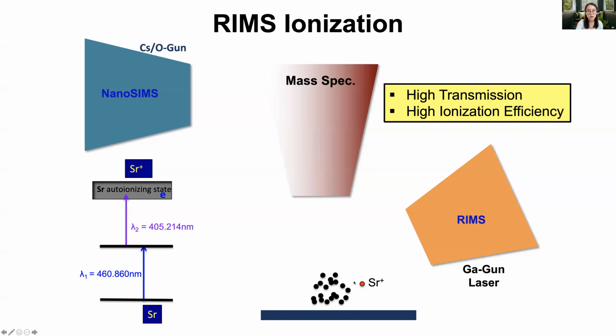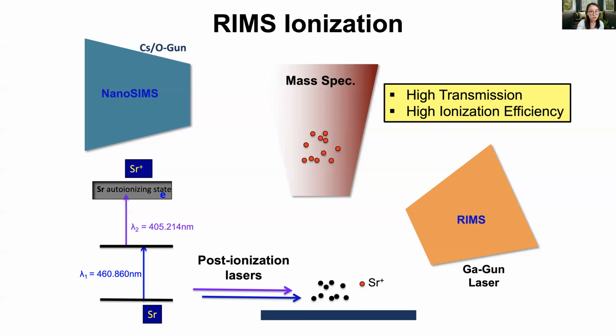Also, because RIMS instruments target such a large fraction of neutrons released from the surface, RIMS instruments have high efficiencies and allow us to detect isotopes of elements like strontium in pre-solar grains in trace amounts.